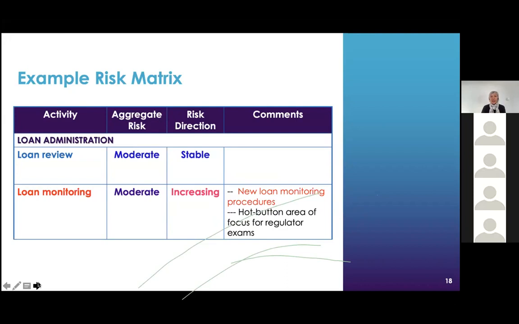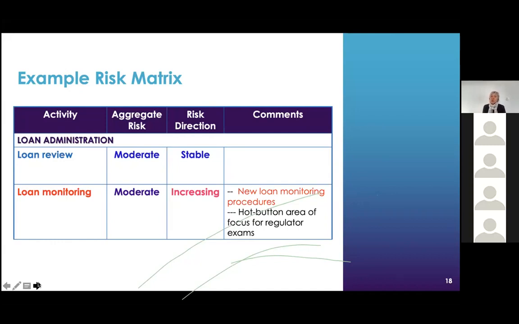So the next one was loan administration. If we look at loan monitoring, the aggregate risk was moderate. There were good policies and procedures in place. And since there were acceptable risk management practices, it was a moderate risk, but the risk was increasing. And why was it increasing? Because there were new loan monitoring procedures in place. I'm acting like the risk management unit here. We and management were worried that staff weren't doing it or understanding these new monitoring procedures.